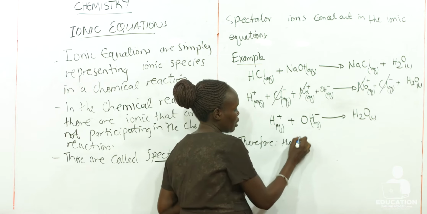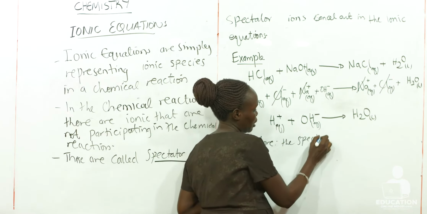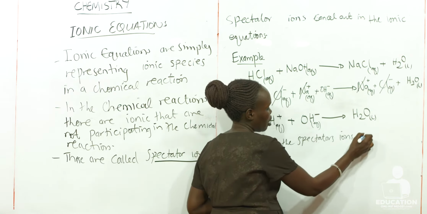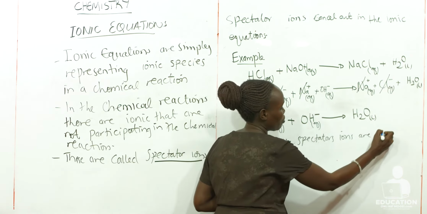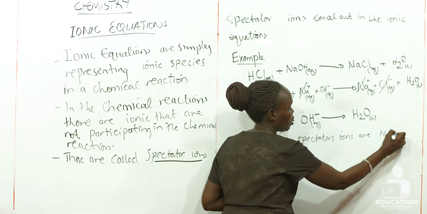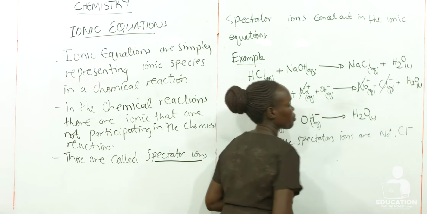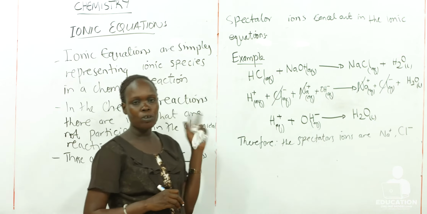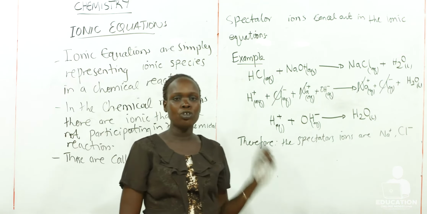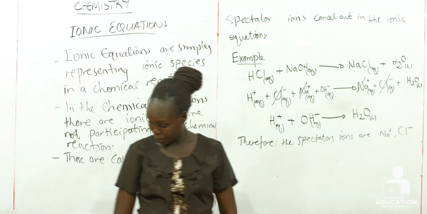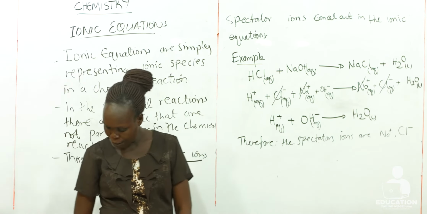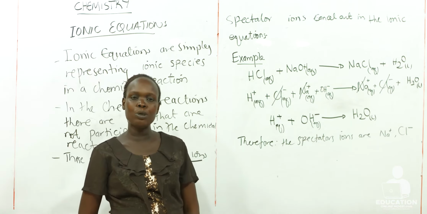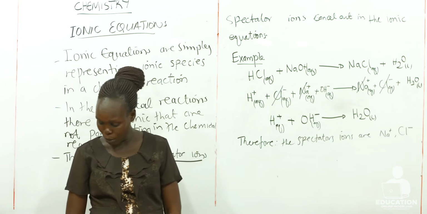the spectator ions are sodium ion and chloride ion on both sides of the reaction. So each of them cancels out because they are on both sides of the chemical equation.